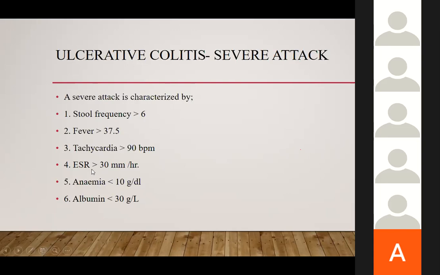Then you can see other inflammatory markers like ESR also going up. If the HB is falling below 10, you are worried. If the albumin level is below 30, you are worried, because remember we said something about extra-intestinal manifestations and the liver being one of the areas that can be caught up when you have ulcerative colitis.